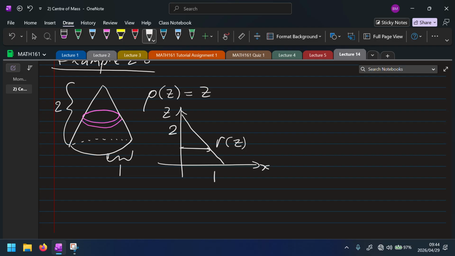The radius, that's the x value that we've got there. We want the x in terms of z. Well, what can we do? Yeah, we can get the equation of the line.